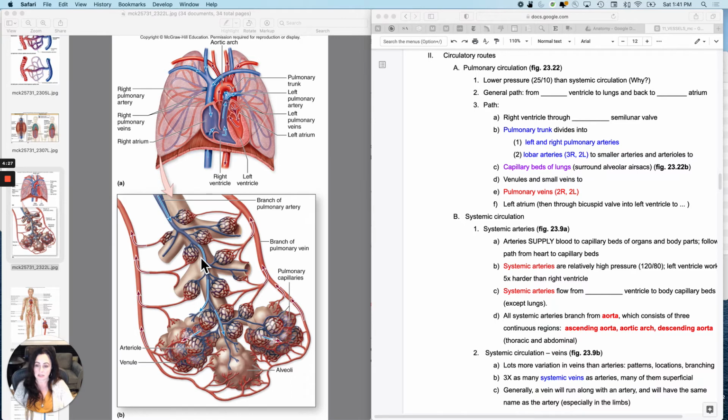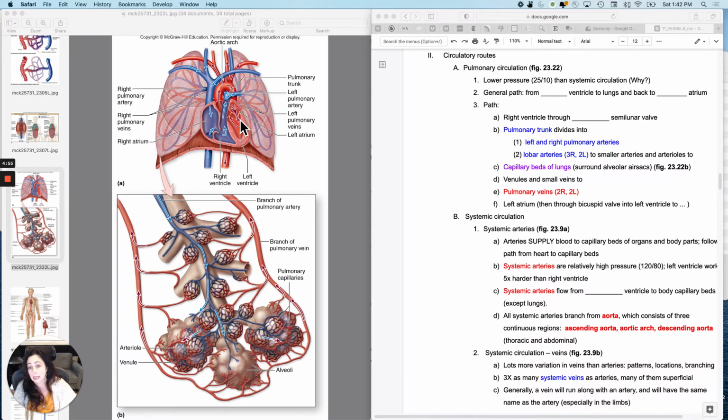So as the capillary bed goes by an alveolus, it picks up oxygen, and then ultimately we are going to deliver it back to the heart. The venules unite, they form small veins, and then ultimately you're going to form the 4 pulmonary veins that dump back into the left atrium. And then it's going to go from the left atrium, you know what it's going to do.